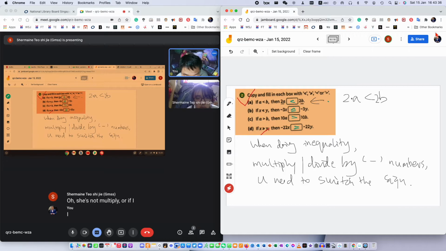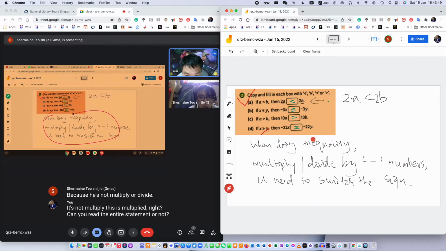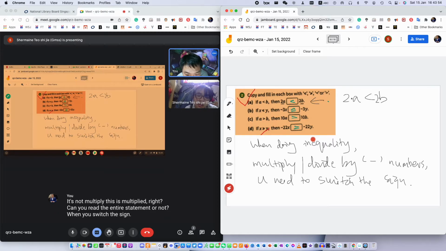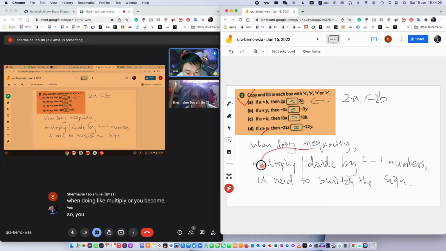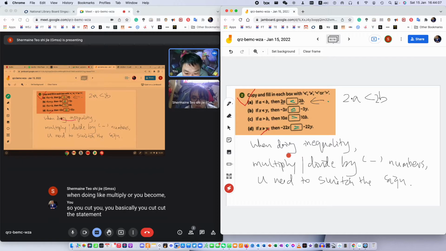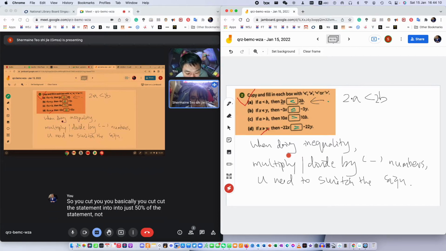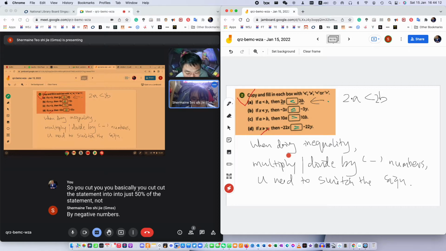Because it's not multiply or divide. Can you read the entire statement or not? When doing multiply or division... So you basically cut the statement into just 50% of the statement. By negative numbers, you need to switch the sign.